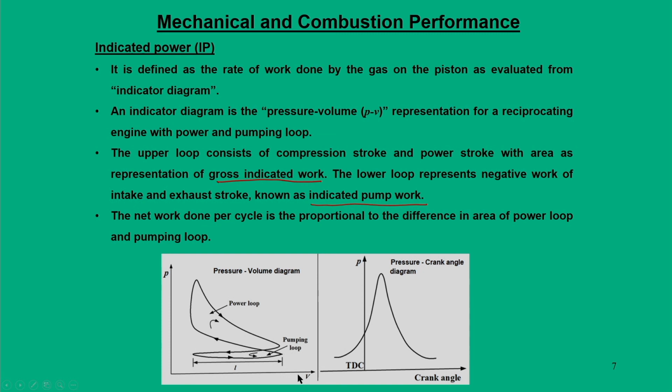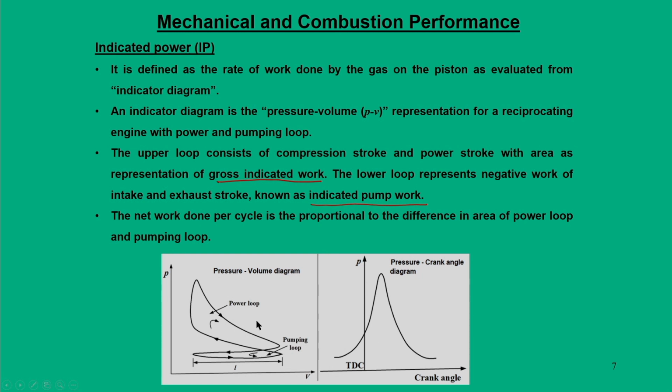This is one way of representing the pressure volume diagram in the thermodynamic sense, but with engine terminology we normally represent the volume as a mapping with the rotation of the crankshaft. That method we call a pressure crank angle diagram, and a typical curve is shown in these figures.